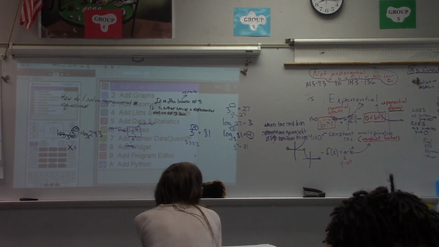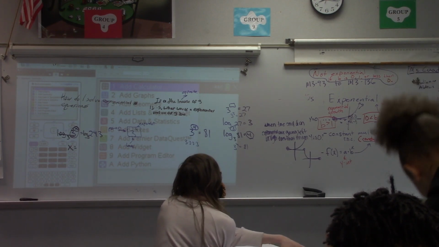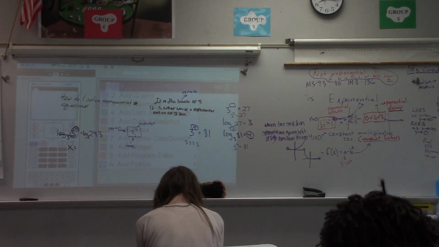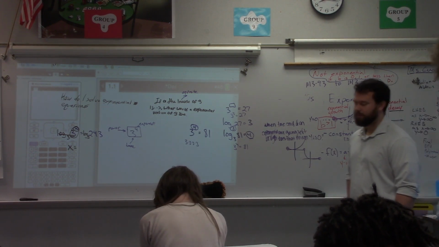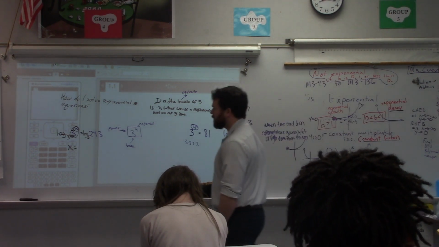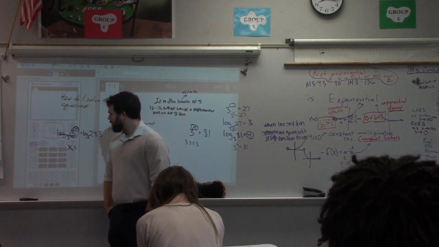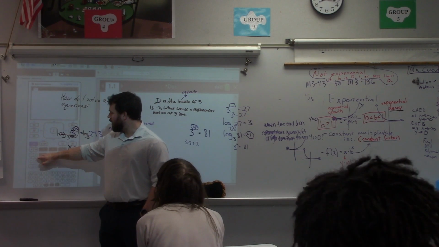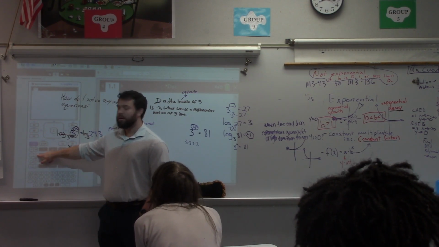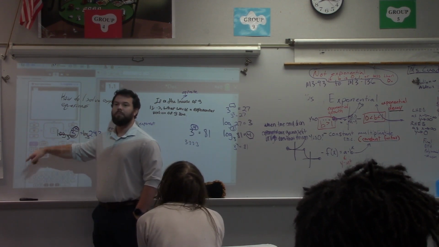Alright, so when I look at a calculator page, where is the exponent symbol on the calculator? It's next to x squared. This is x squared. This is raised to a power.